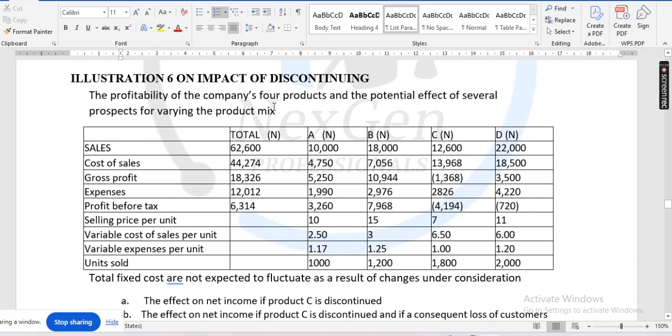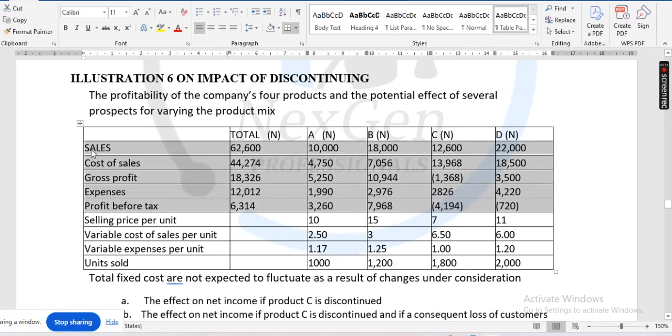The profitability of the company's four products and the potential effects of several prospects for varying the production mix. You can see all this information was given before. We don't know what they used to arrive at their cost of sales. They got their gross profit. These expenses, we don't know what they include.